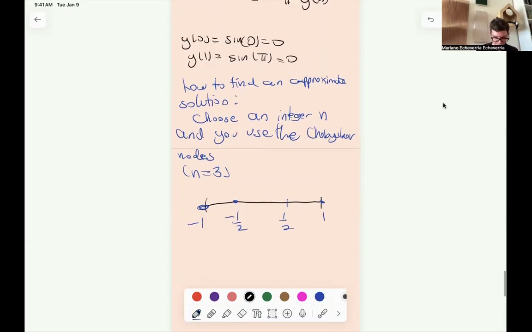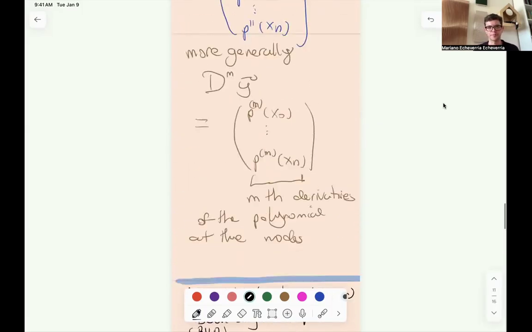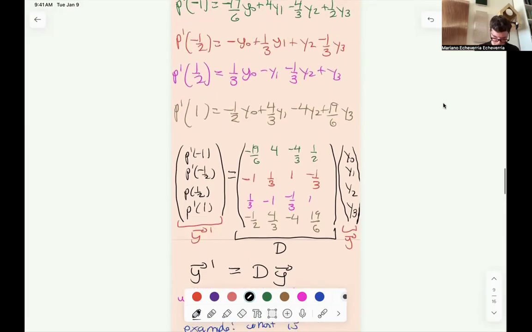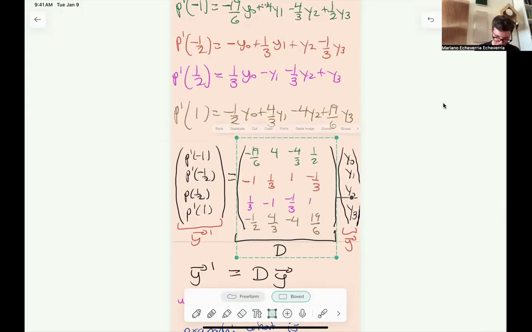The next step would be to find the differentiation matrix for these nodes, which you already had from the previous example. I will just copy paste it because we already wrote it before. This was the differentiation matrix.